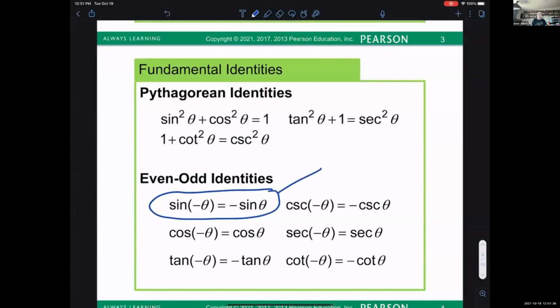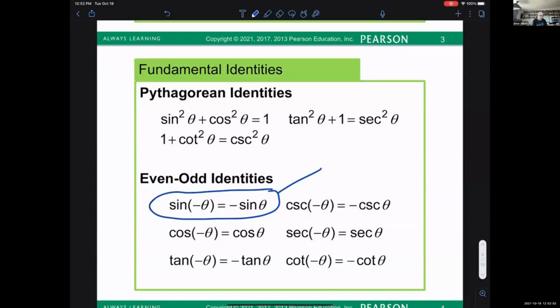So for example, when they show you this first even odd identity here, basically all of the identities in this box are some sort of an equation that says that one thing is equal to another. So the idea when you have an identity like this is if you have either the left side of this equation or the right side of this equation occur in some expression or in some bigger equation, then you can replace one of these with the other.